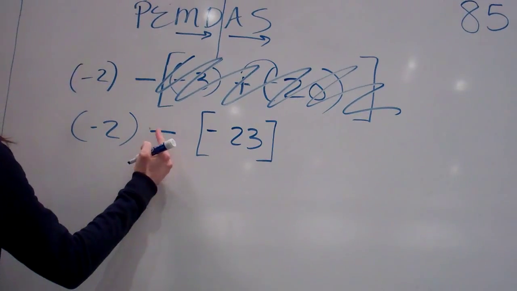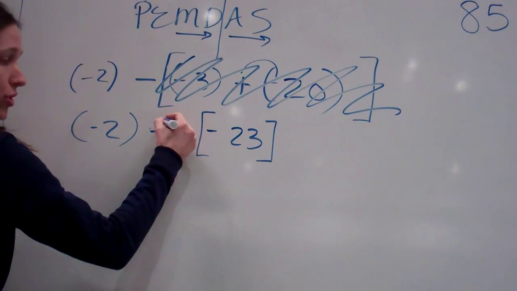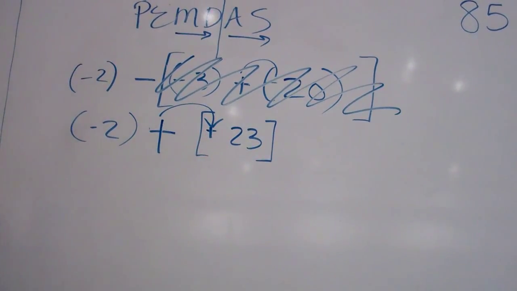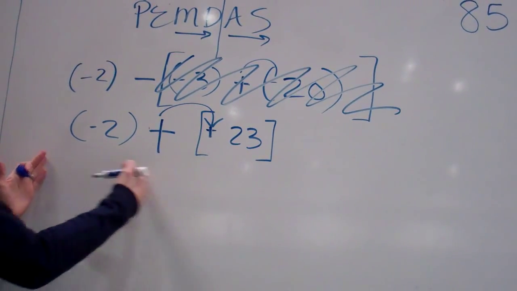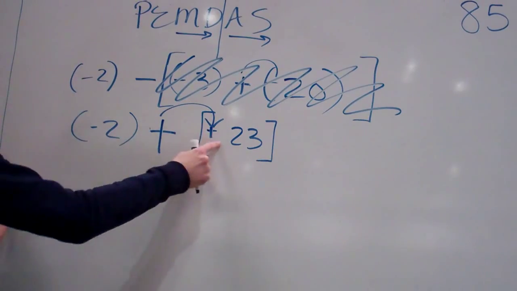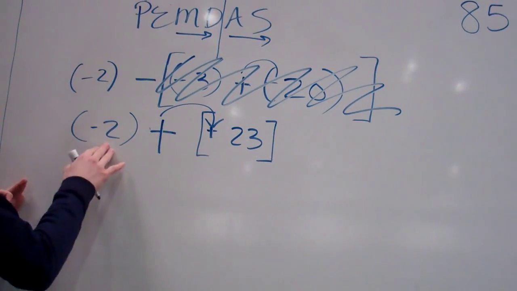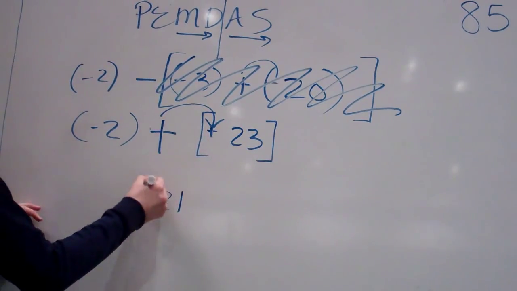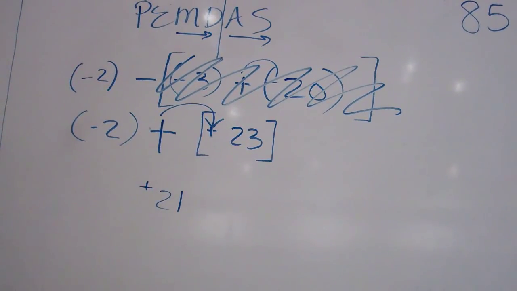This is a minus right now, and I'm going to change it to a plus and change the sign to the right. Now I subtract these because I have different signs. So 23 take away 2 is 21, and then I take the sign of the biggest number. So my answer is going to be a positive 21.